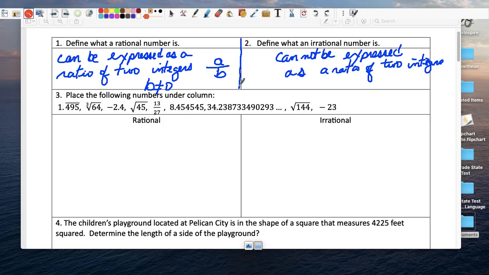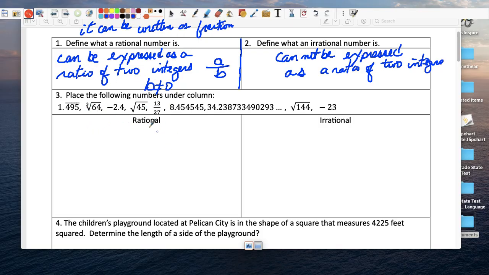So that's my definition. Also in class we said another way of thinking of it is that a rational number can be written as a fraction, which is basically what I just wrote at the bottom. It can be written as a ratio of two integers.